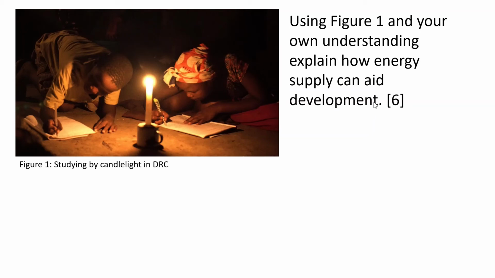The crucial thing about questions like this is that you have to do both. So first of all, start off by using figure 1, referring to it. So you might say, in the picture we can see children studying by candlelight.